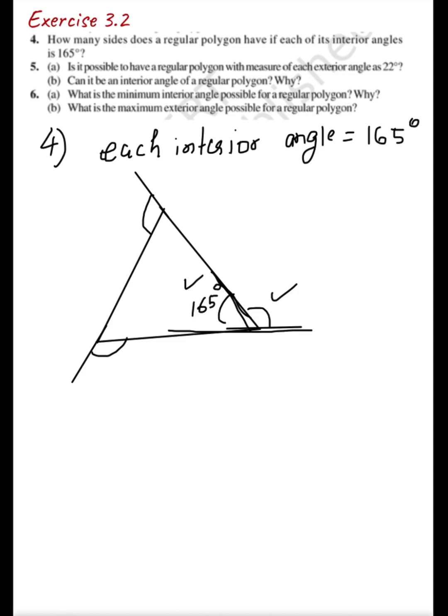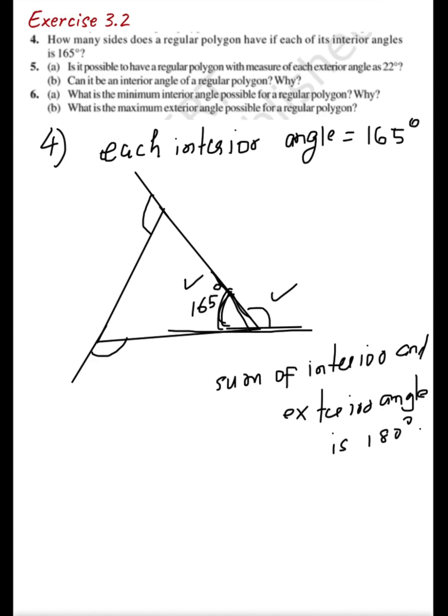Or you can say that the sum of the interior angle and exterior angle will be 180 degrees. Here, the interior angle is given as 165 degrees, and this interior angle plus this exterior angle will make the sum 180 degrees.